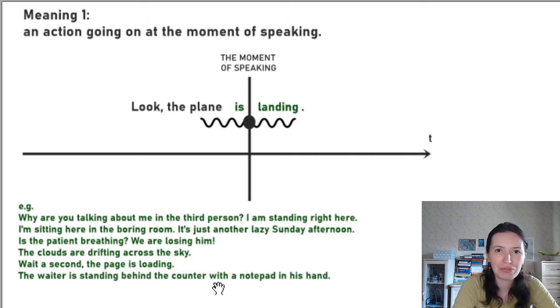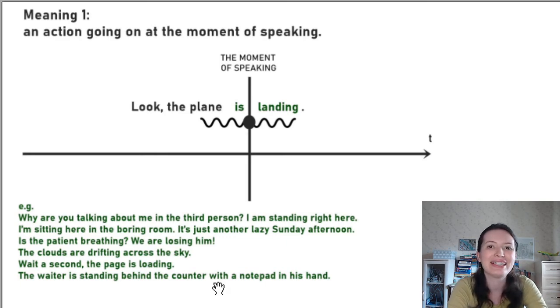Another example will be from a song by Fool's Garden. I'm sitting here, okay, I need to sing that. I'm sitting here in the boring room, it's just another lazy Sunday afternoon, I'm wasting my time, and so on. So here the character of the song at the moment when he is singing the song is sitting here in the boring room, right?